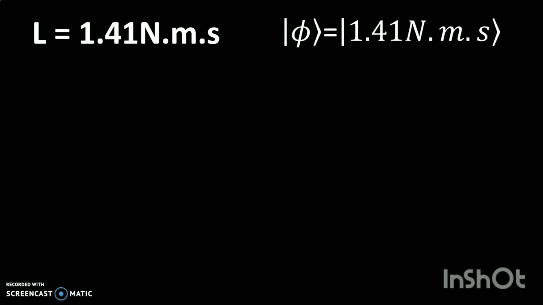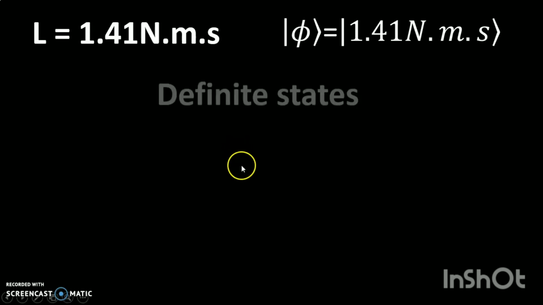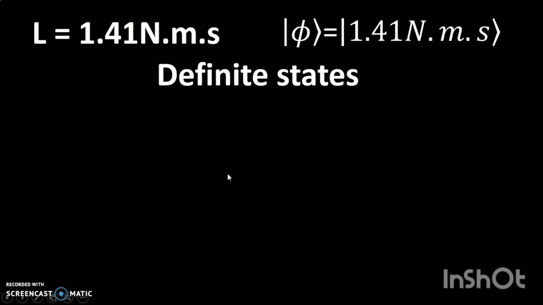If instead our apparatus told us the particle had an angular momentum of 2.44, then the particle would be in a quantum state corresponding to that outcome. Hopefully you see that this would be true for any possible angular momentum we could measure.